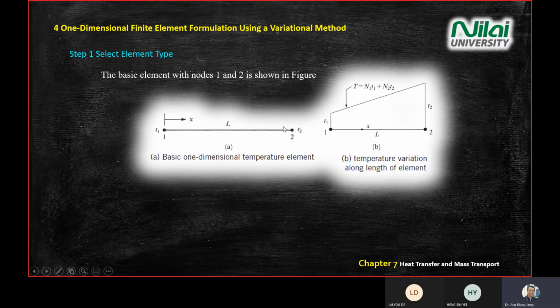What is the difference between diagram A and diagram B? In diagram B, you have an equation for your T. There is a transition from temperature 1 to point 2 through an equation, so in this case you have T equal to N1 T1 plus N2 T2.